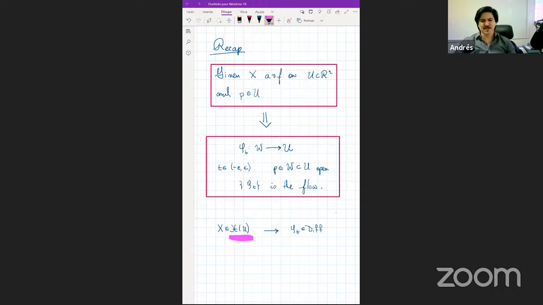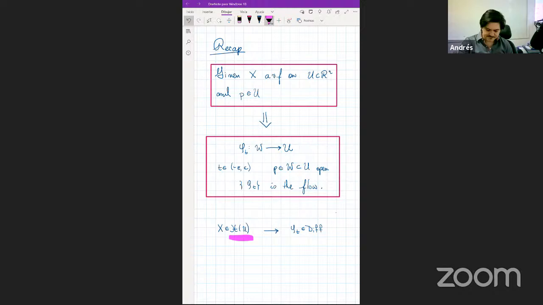Vector fields. This is the set of vector fields. Okay? Now, let's stick with vector fields in R2. What can you do with vector fields? You can multiply them by a scalar function, or even a scalar. And also you can have two vector fields, add them up, and you have a new vector field, right?